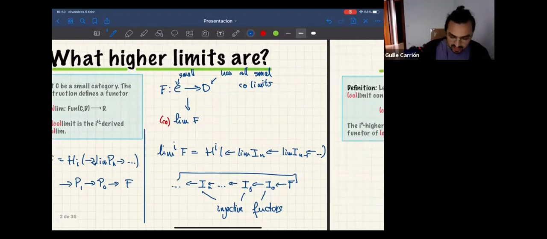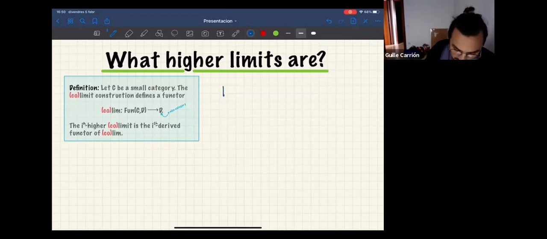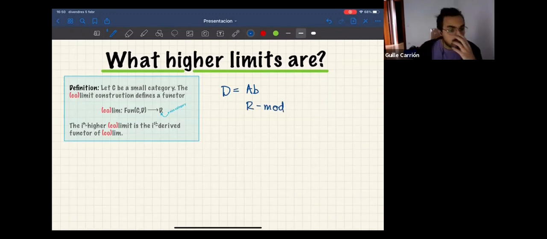For our purpose, D has to be nice in the sense that we need to work in the derived category. So D should have all small limits and colimits, also should be abelian, tensor triangulated. We ask a lot of properties of D. So in this talk, D will be abelian groups, but also, if you want, could be R-modules for a ring. But I'm going to do everything with abelian groups.